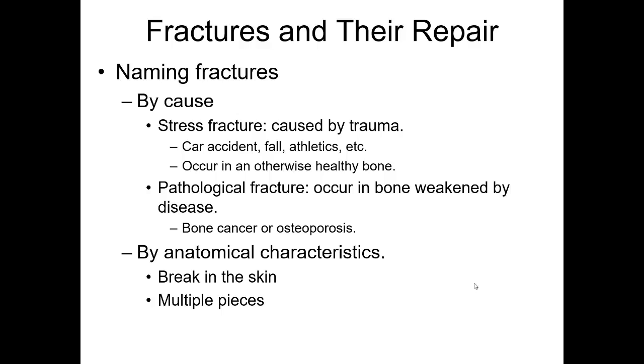A stress fracture is caused by trauma, and a pathological fracture occurs when the bone is weakened by disease, such as bone cancer or osteoporosis. A stress fracture can occur in an otherwise healthy bone. A fracture can also be named by anatomical characteristics based on how many pieces the bone has broken into, whether the bone has broken the skin, and so on.